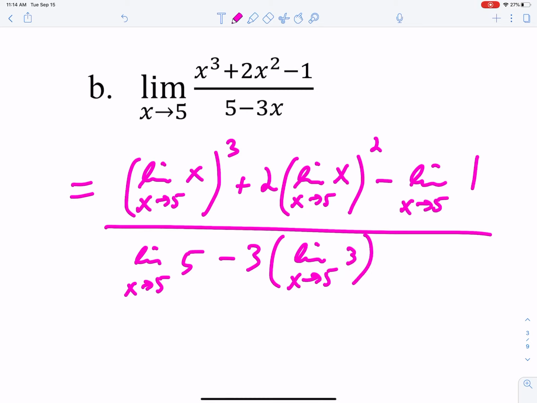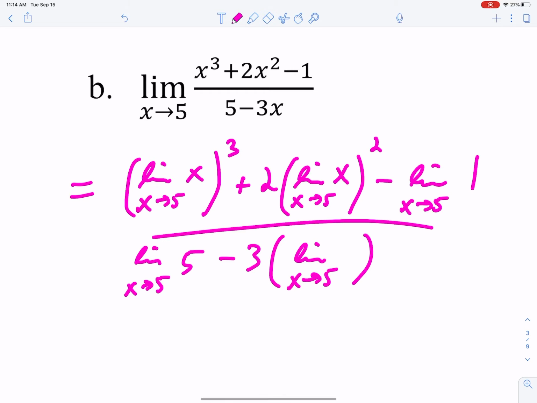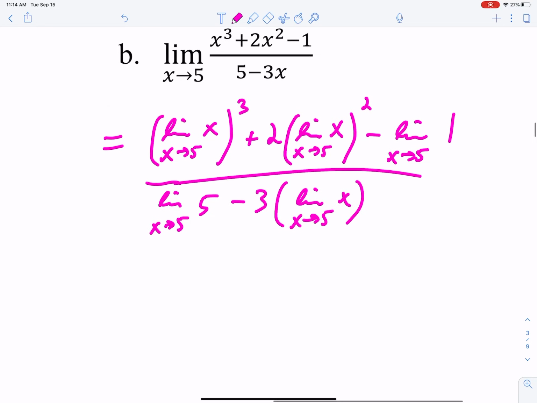of the function x. There we go. Okay. So the limit as x approaches 5 of the function x is that a value, 5, right? So 5 cubed plus 2 times 5 squared minus, right, that's the limit of a constant function.